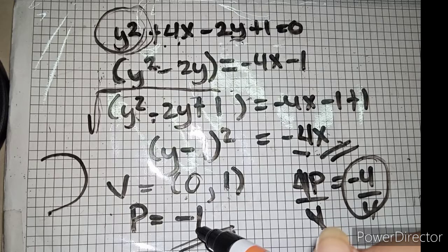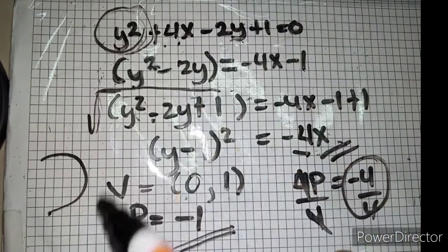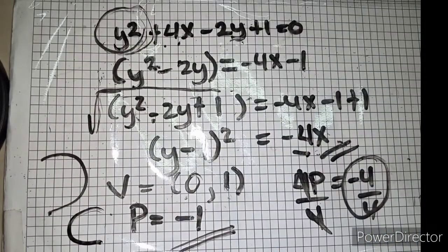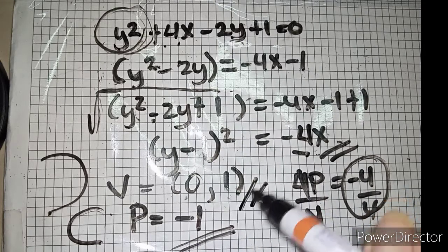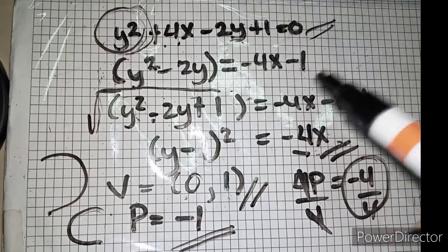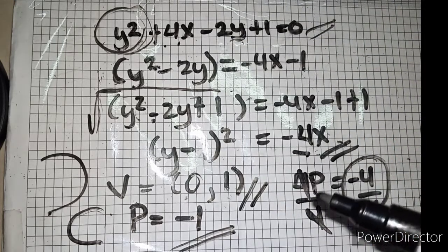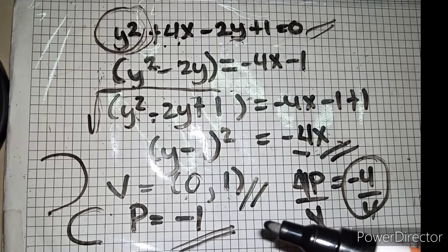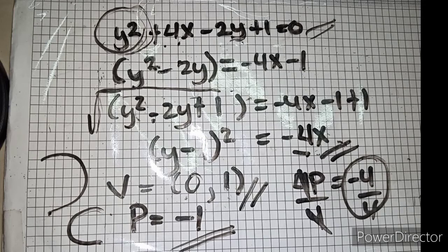If our p naman dito ay positive at horizontal yung ating equation, ang kanyang opening naman ay pakanan. Okay? So now, let's use this vertex and the value of p to graph this equation. So, hanapin na rin natin yung mga iba pang parts ng parabola using the Cartesian plane. So, lipat tayo for the graph.